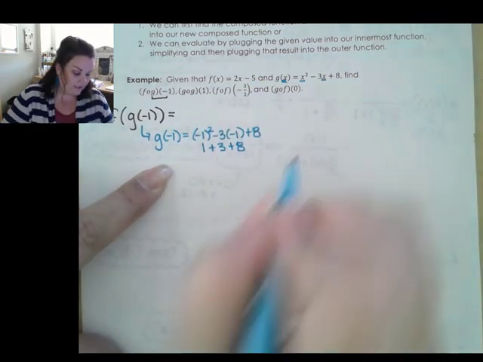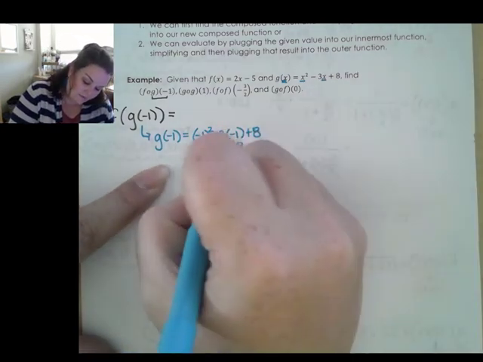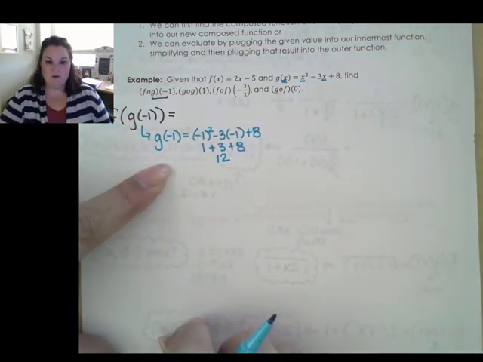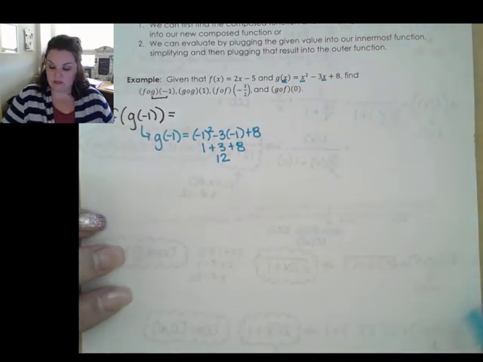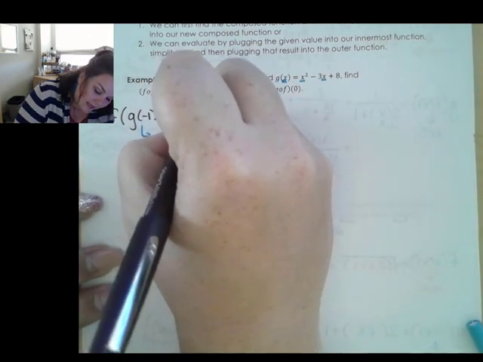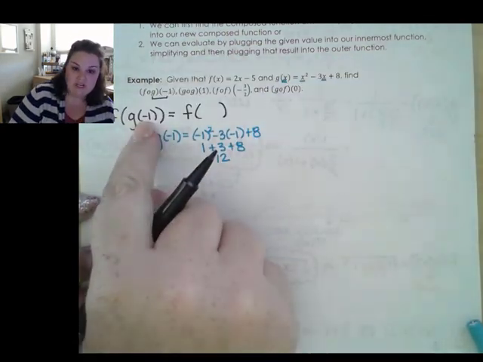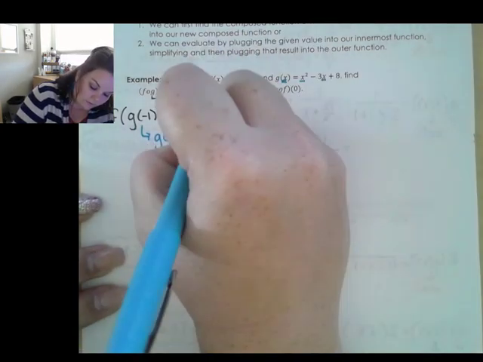And then I have +8. So 1 plus 3 is 4, plus 8 gives me 12. So what we just found is that g of -1 is the same thing as 12. So I'm just going to rewrite what it is I'm trying to figure out here. We're trying to find f of g of -1, which we just determined is f of 12.